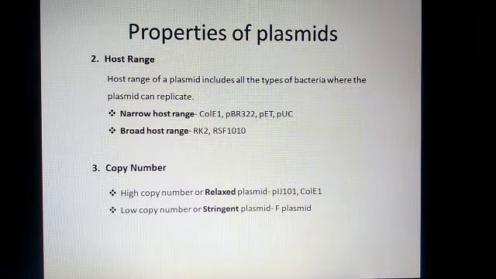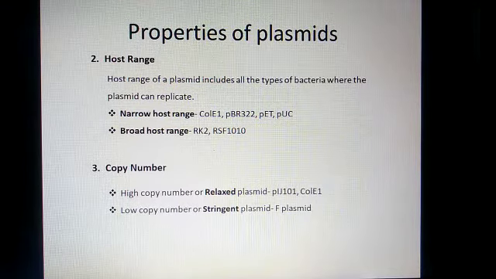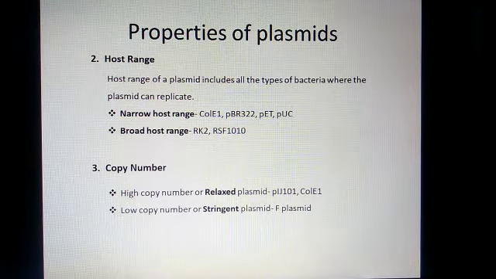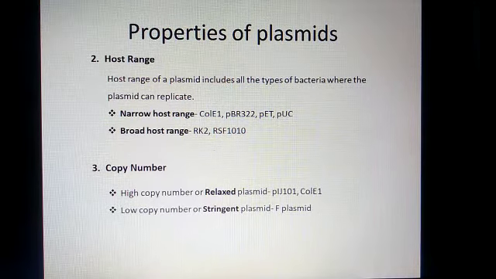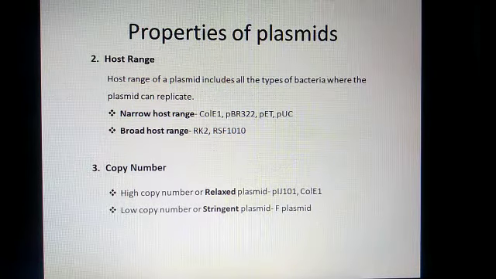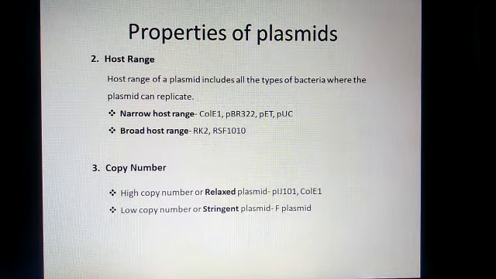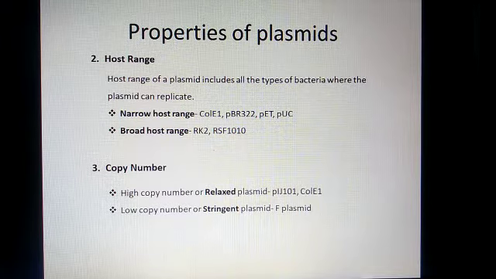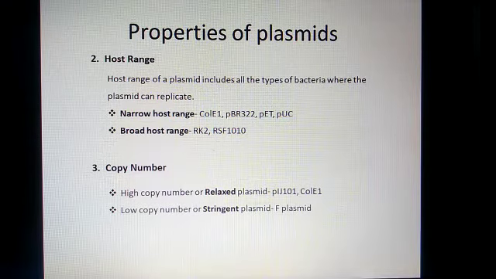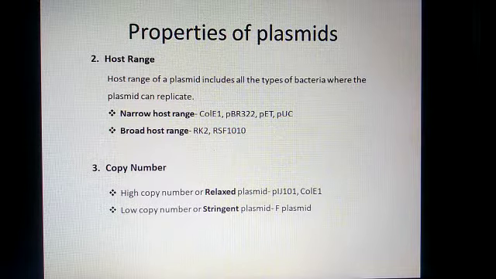These plasmids replicate only in Escherichia coli and some other closely related bacteria such as Salmonella and Klebsiella species. In contrast, plasmids with a broad host range include RK2 and RSF1010. Plasmids with the ori region of RK2 can replicate in most types of gram-negative bacteria.